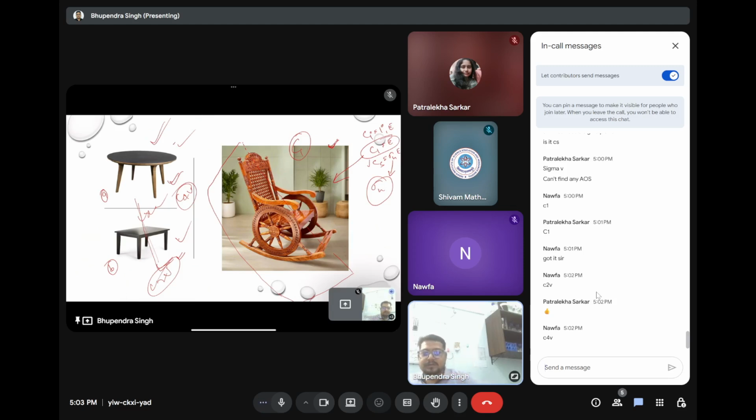Point group of table A. Okay, Shivam was just saying C4V.